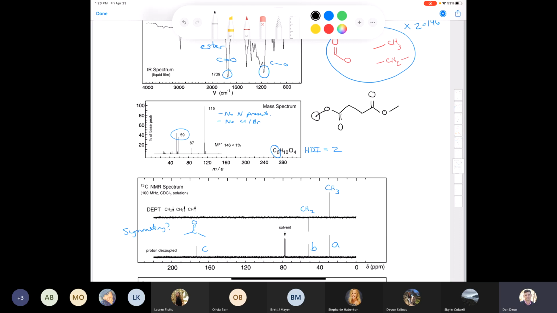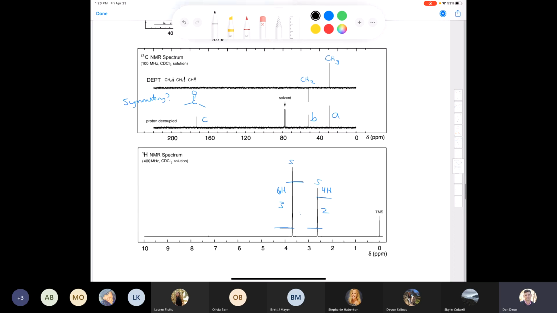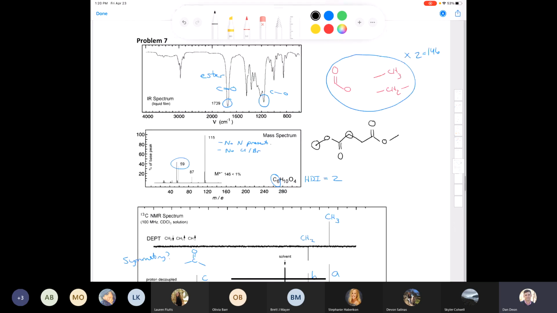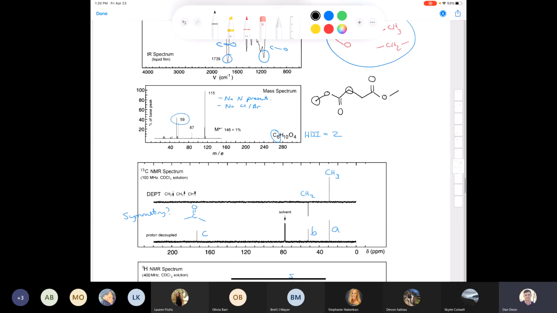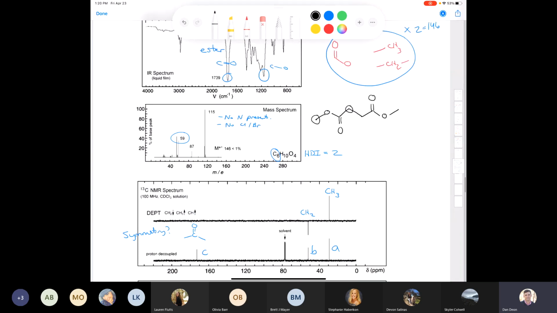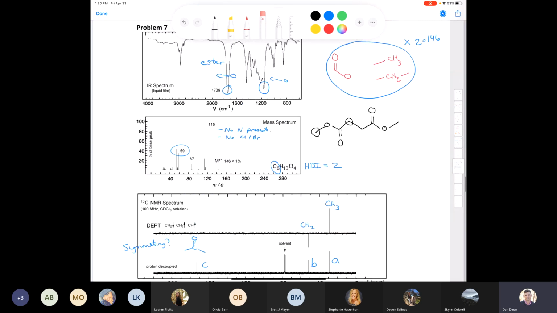Because now this methyl is going to be shifted further downfield than this methylene. The methylene should only have a shift of around 2. It's a little bit higher. And the methyl should have a shift of around 0.9 plus 3, right? So that gives me around 4. That makes a lot more sense. So this is the molecule that I'm looking for.